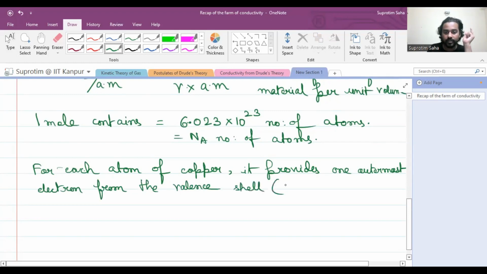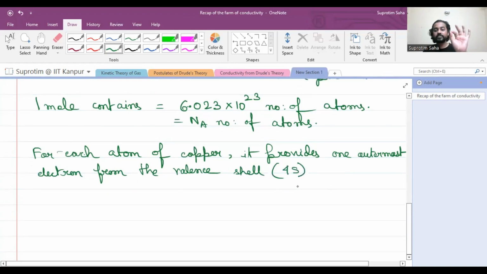This is 4s for copper. So each atom contributes 1 electron. All right.